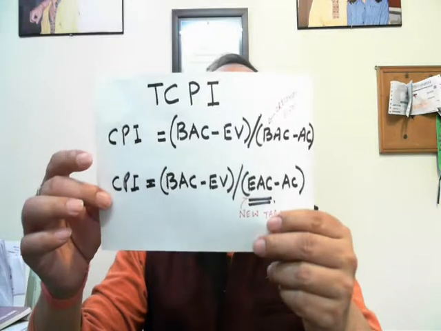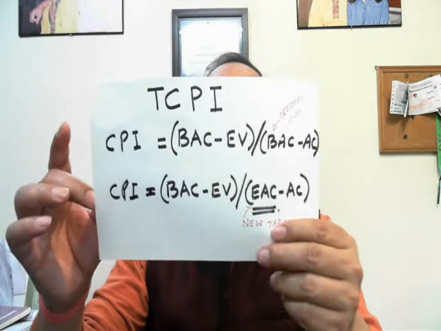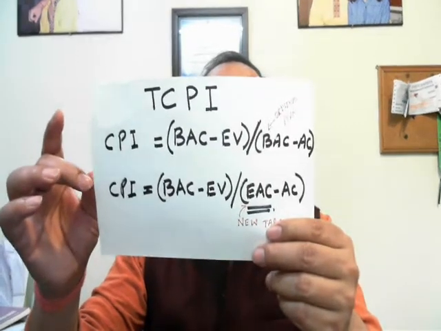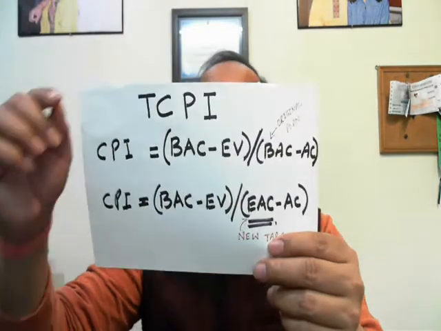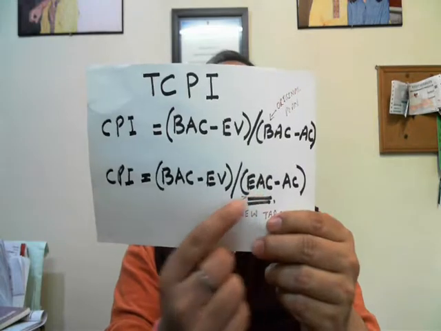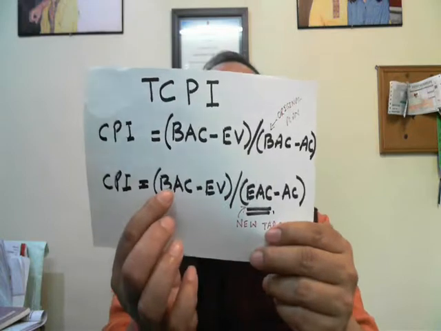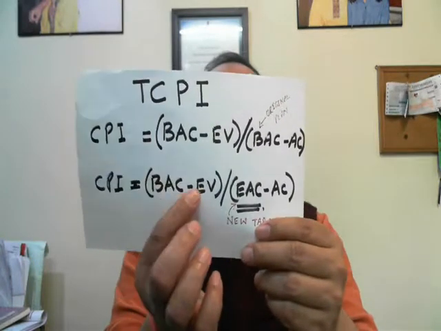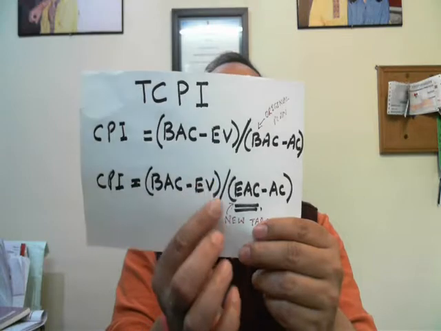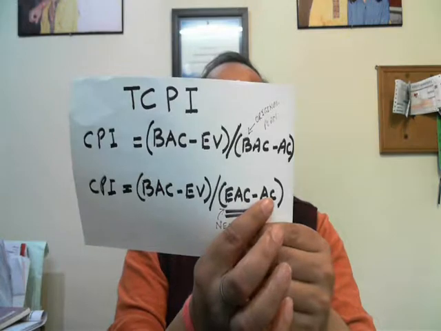So the formula to figure out the required efficiency of spending money or utilizing budget so that you can now finish the project in the new target changes a bit, and this is the second formula. TCPI is equal to BAC, which is the original plan, minus EV, the whole thing divided by EAC, which is the new target, minus AC. And the result is basically a fraction.